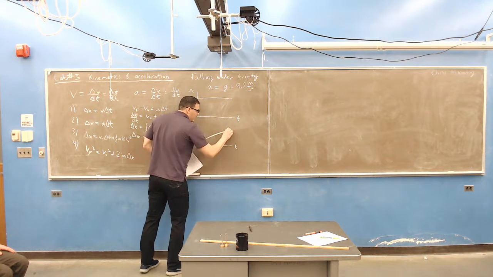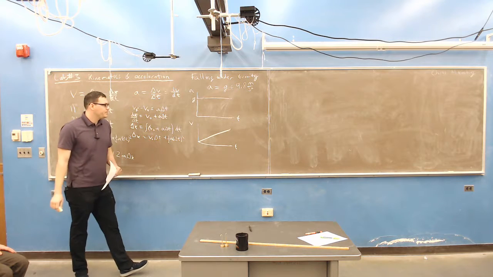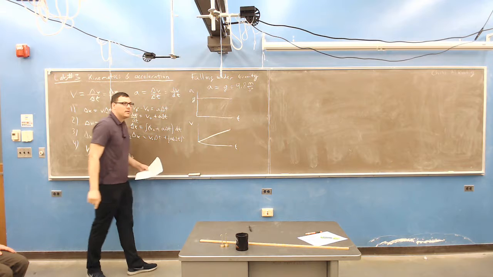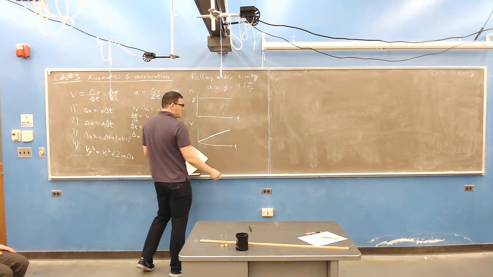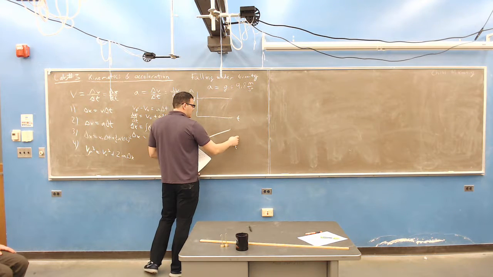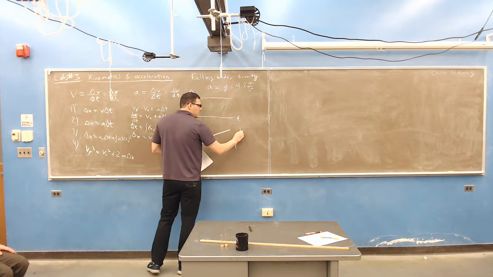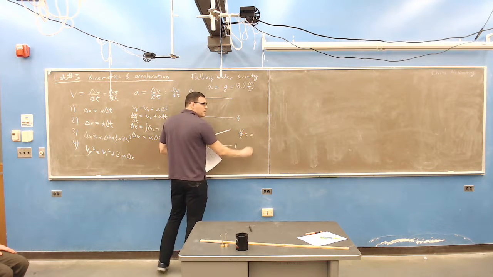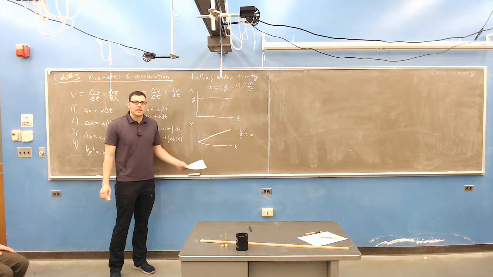Linear. It looks something like that. By the way, what's the slope of this line? Yeah, it's 9.8, because rise over run is v over t, but v over t is the acceleration. So the slope is the acceleration.